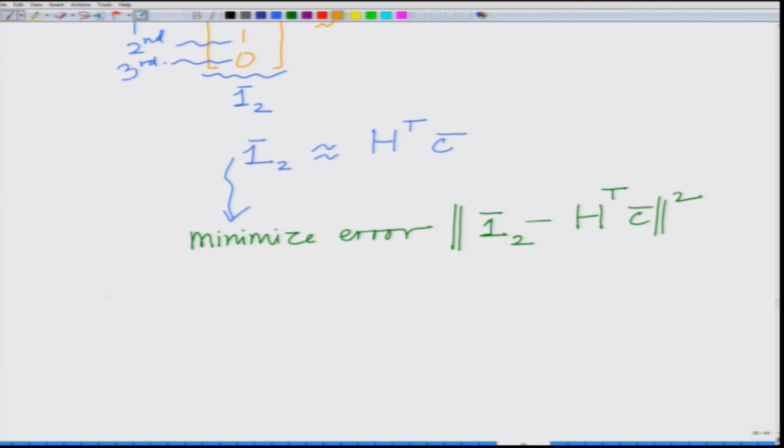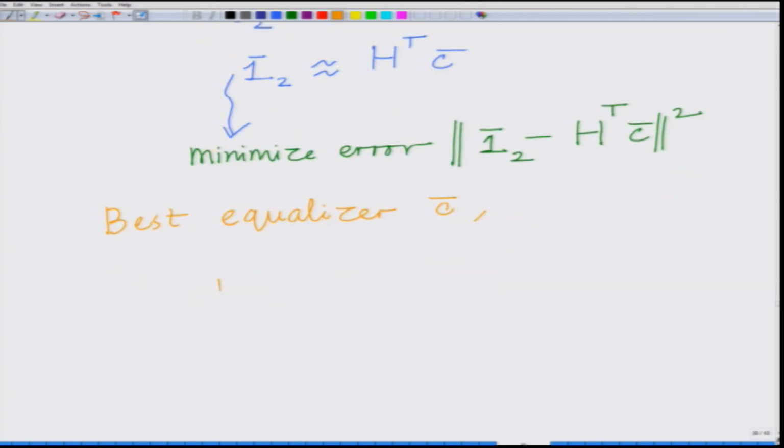So, the best equalizer C bar, what does it do? It is the minimizer of the squared norm of 1 bar 2 minus H transpose C bar. That is, the best equalizer C bar is such that H transpose C bar is as close to this vector 0 0 1 0 as possible.